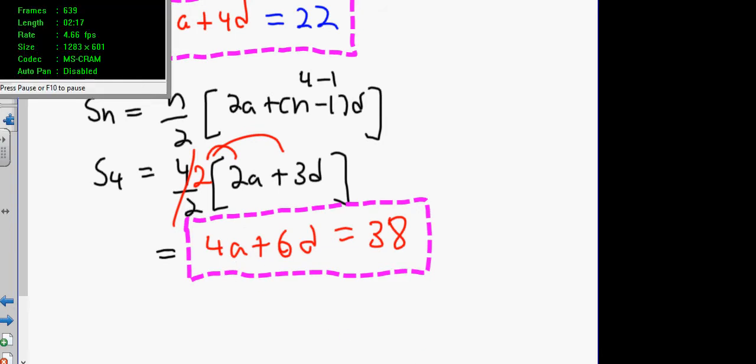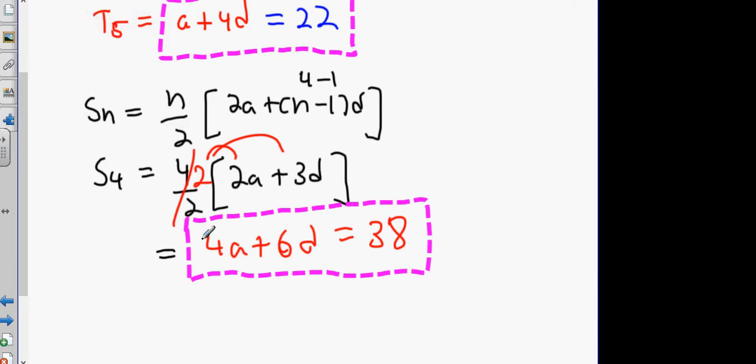Any questions? Now, what we have here is 4a plus 6d equals 38. And then on the other one we have a plus 4d equals 22. Now there's no need to take down this bottom equation again. What we realise is that we have to multiply it by 4 to get rid of the a's. Why would you multiply it by 4 when you can multiply it by minus 4?